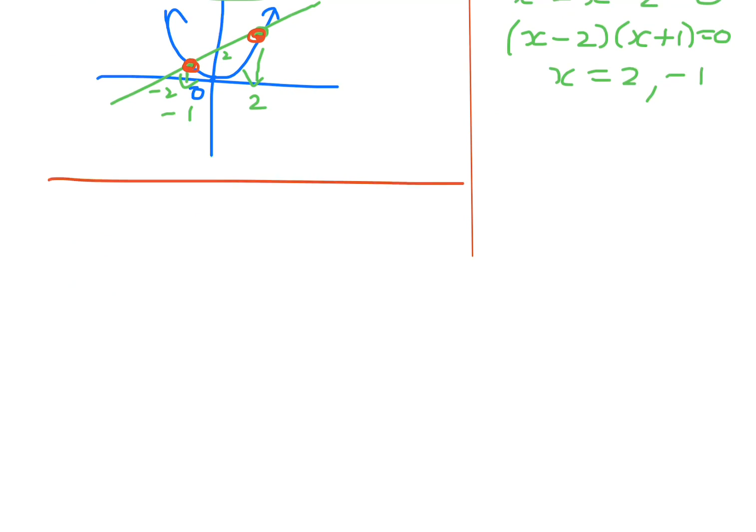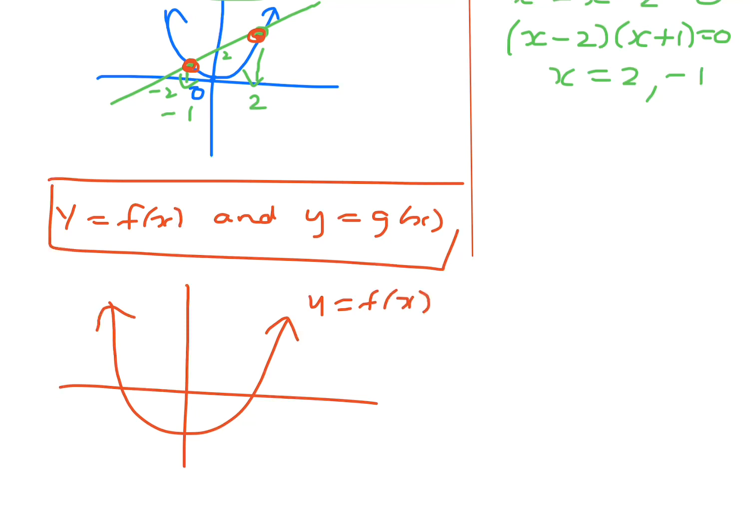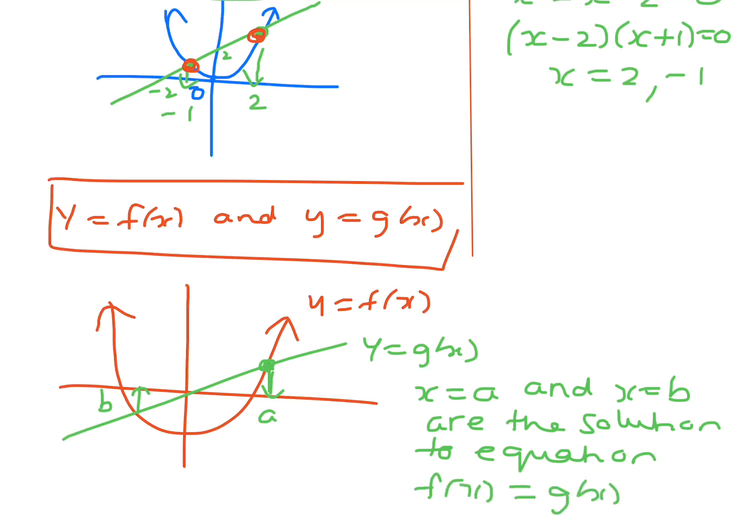So the concept that you just need to get here is that if you have two curves, y equals f of x and y equals g of x, and say that was y equals f of x, and this is y equals g of x, then the x values that form the solution, say a and b, so x equals a and x equals b, are the solutions to the equation when f of x equals g of x.